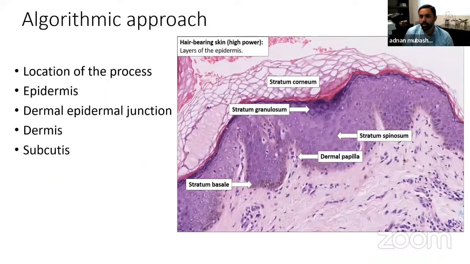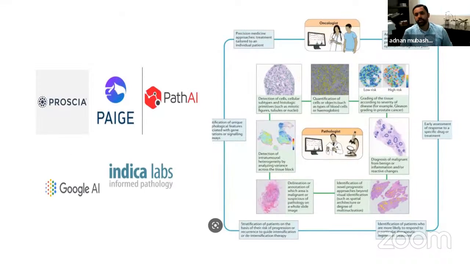And then one last thing before I move on to the pathology part of the lecture is precision medicine. It used to be that the more tissue you have, the better it is for pathology. The more cells you can look at, the more data you have to interpret. And now we're moving towards an era where less and less tissue is being taken out.